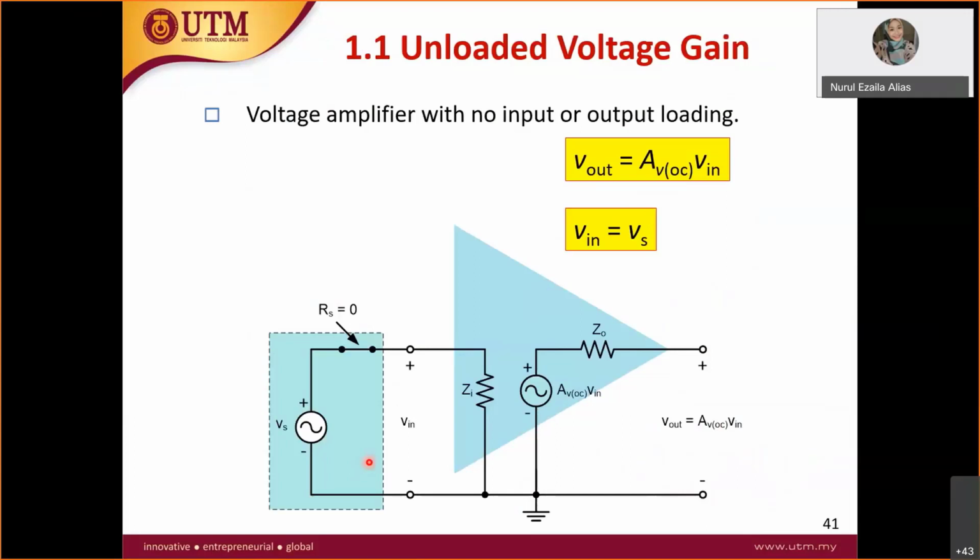Here you have the amplifier model, this is your AVOC Vin, and this is your Zout. This is your Vin, from this node to the ground, the input node, and from this node to the ground is your Vout.